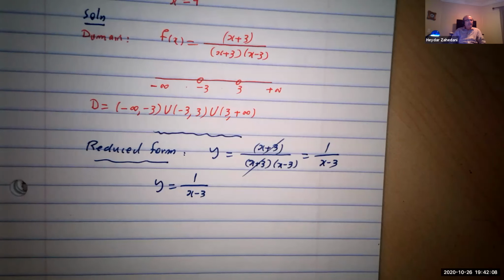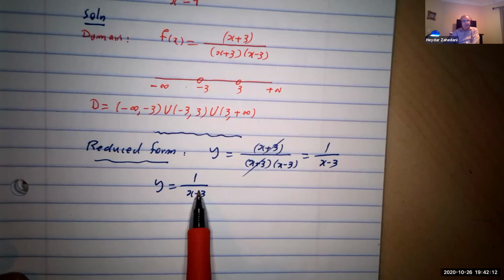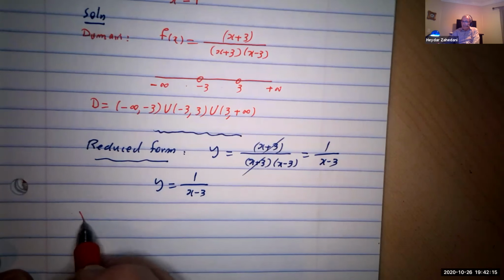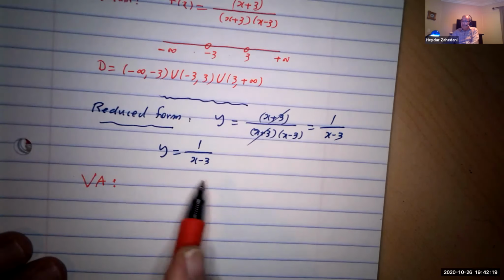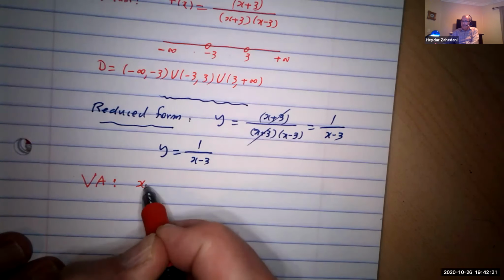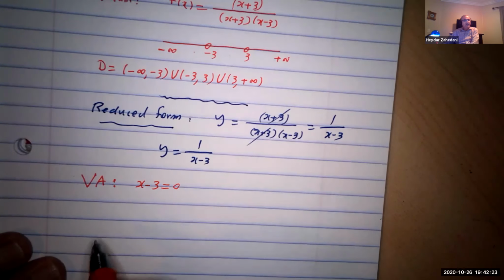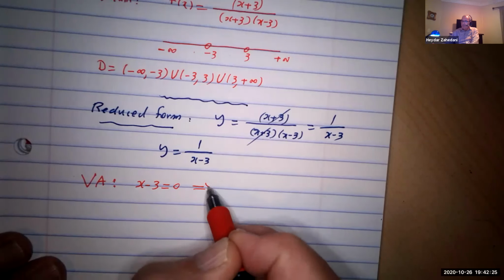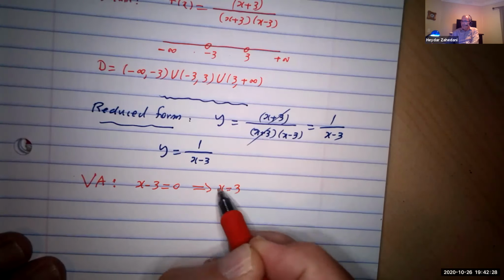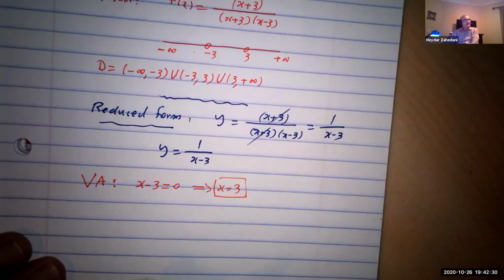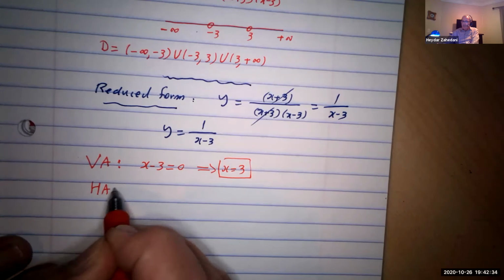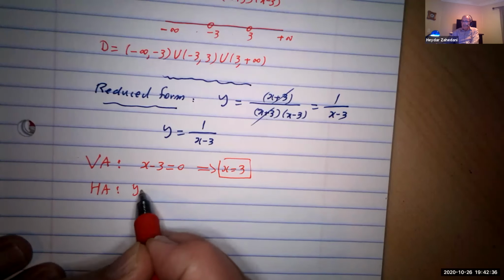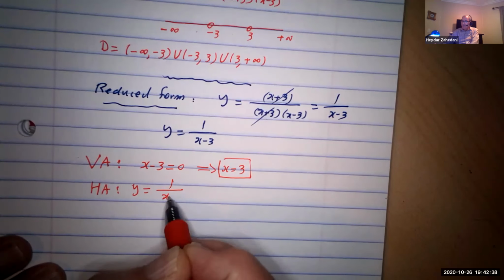Now we go for the rest. Vertical asymptote, easy. Remember, you work with this function from now on. For the vertical asymptote, you let the denominator equal to 0. The denominator is x minus 3. X minus 3 equal to 0, so x would be 3. So that's your vertical asymptote. Horizontal one, easy, because the degree of the bottom one is higher.